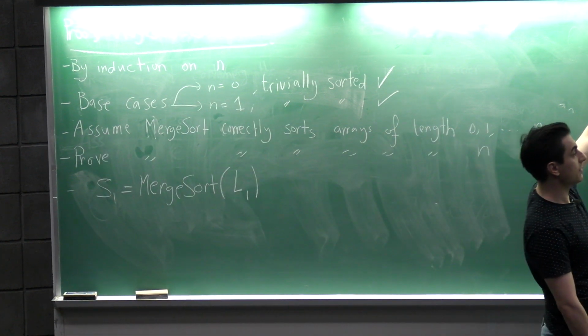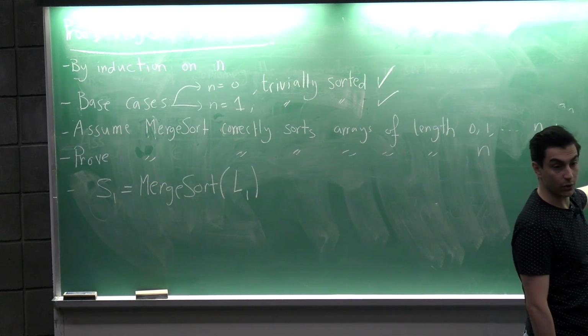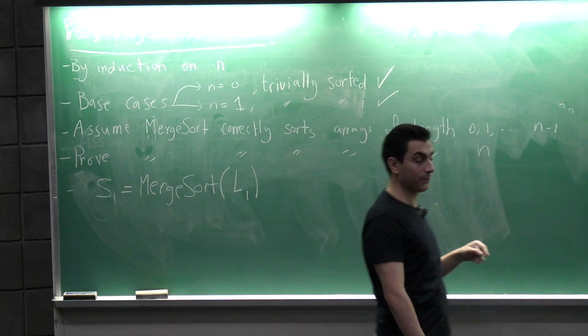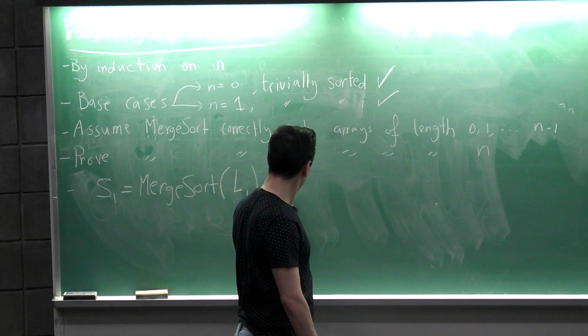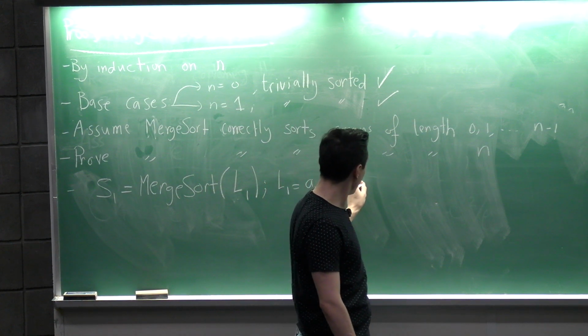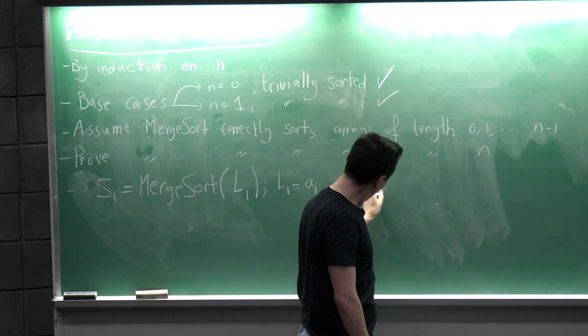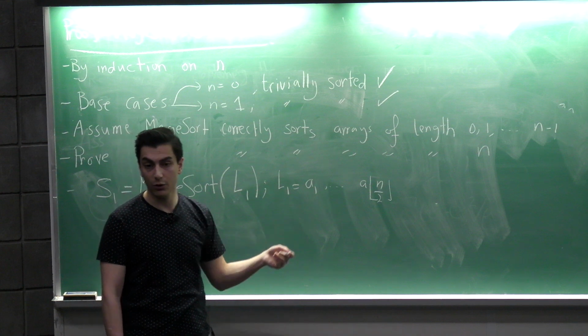That's what we do here. We cover the base case. So we split the list into two parts. And now we call MergeSort on half of the list, right? So how long is L1? L1 is from A1 all the way to A floor of n over 2, right? Because n could be even or odd.